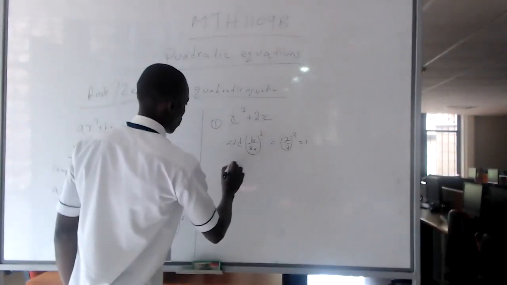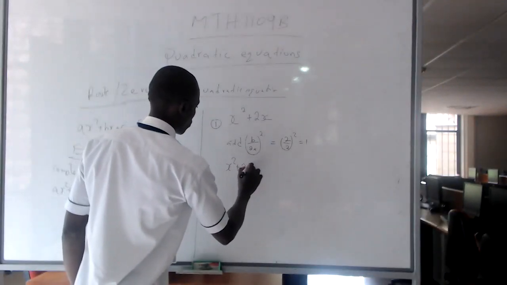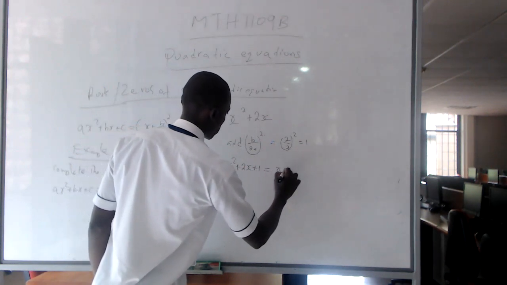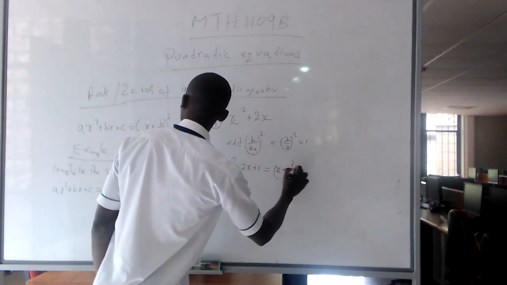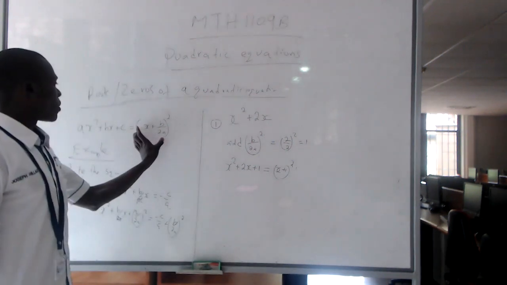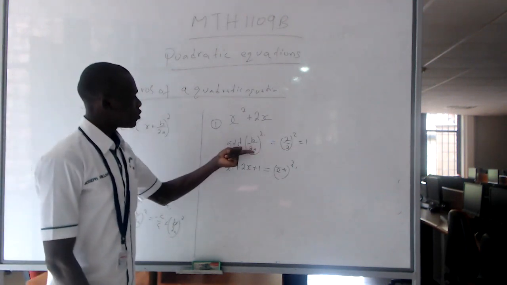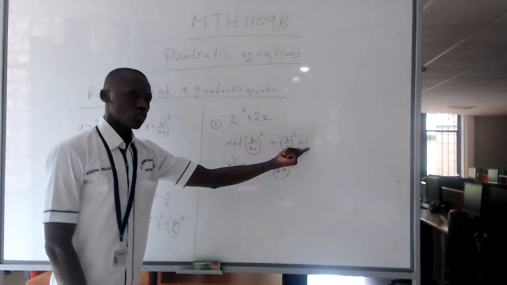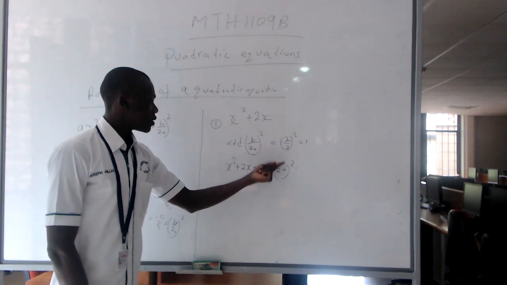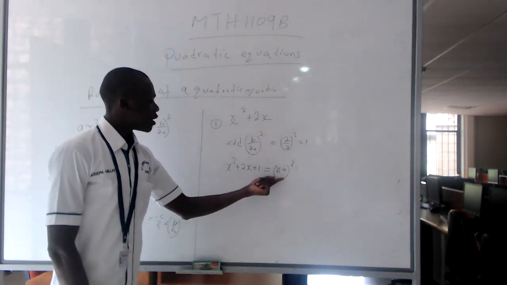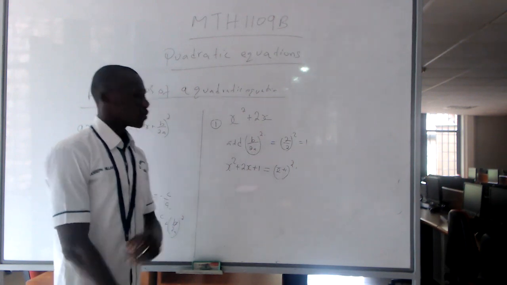So we add 1 to x squared plus 2x, and this gives me (x plus 1) squared. Remember this formula: it should become (x plus b divided by 2a) squared. In this case, b divided by 2a turns out to be 1, so this gives me (x plus 1) squared.